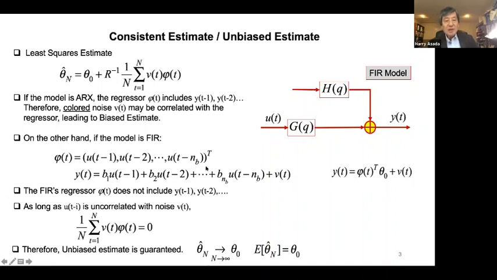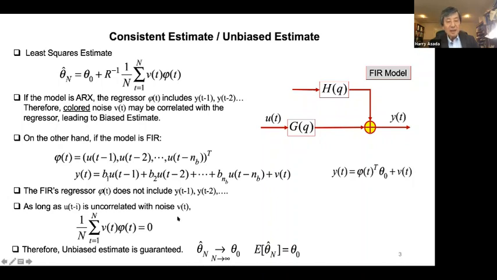If this is the case, we can design the input sequence. As far as we provide an input sequence which is not correlated with V t, this term disappears. That said, we get the true theta naught. So our estimate is basically unbiased.